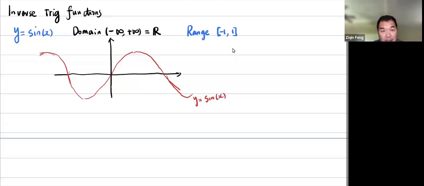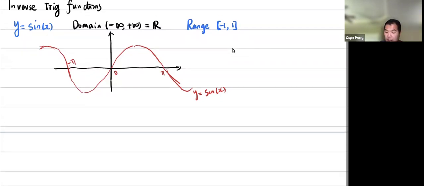Now you can see that this function is not one-to-one. Pick y equal to 0. There are many x with sine of x equal to 0: sine of 0 equals 0, sine of pi equals 0, sine of 2 pi is 0, negative pi, you name it. There are infinitely many numbers in the domain mapped to 0.